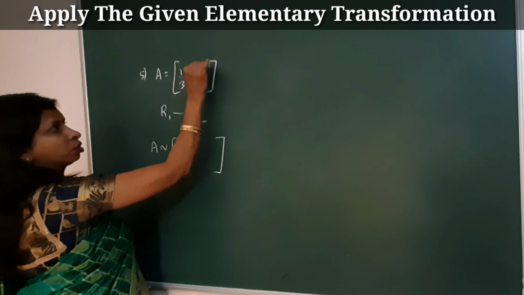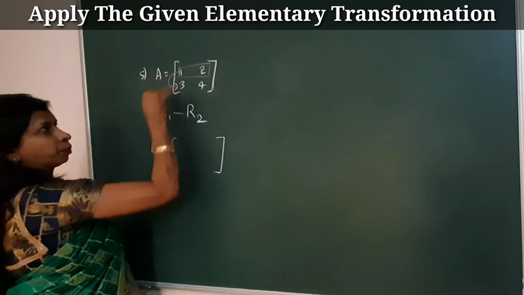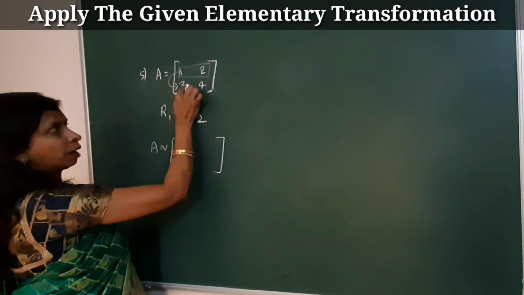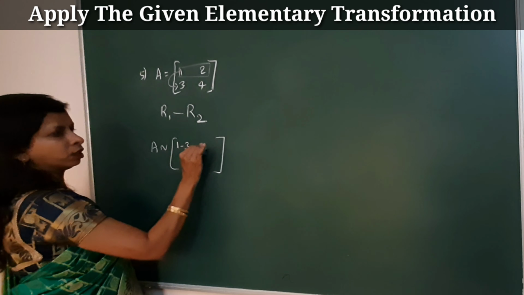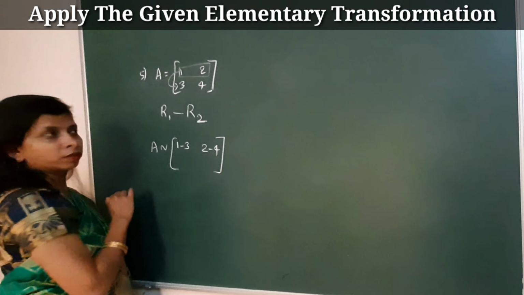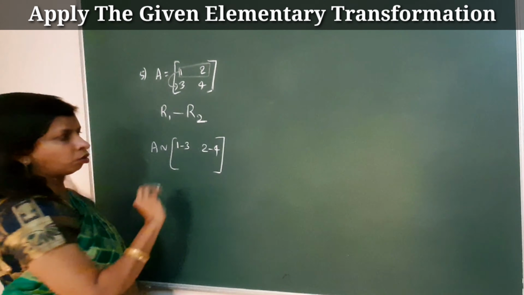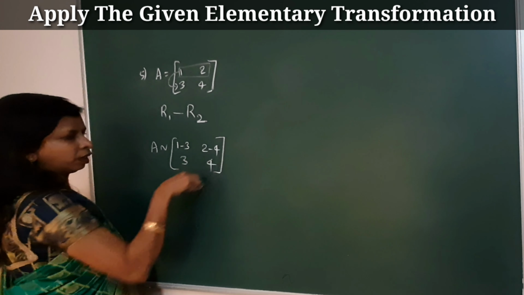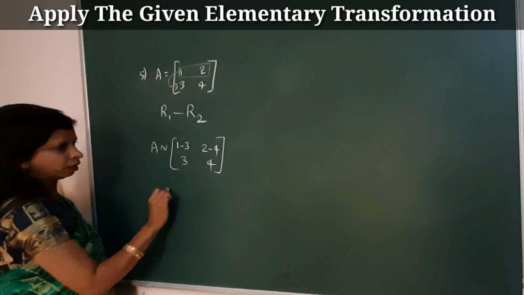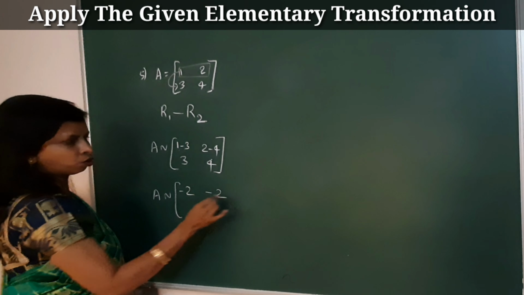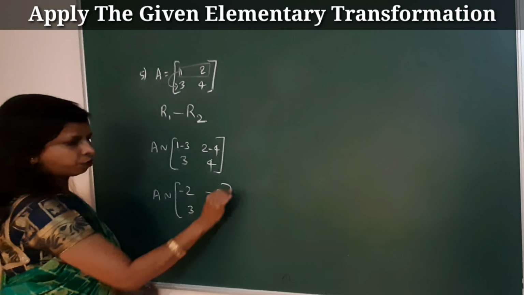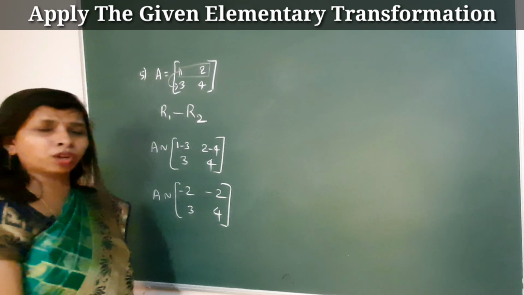Row 1 denotes these two numbers. You are going to subtract row 2: 1 minus 3, similarly 2 minus 4. What about the second row? That will remain unaffected, 3 and 4. So therefore, A is equivalent to 1 minus 3 = -2, 2 minus 4 = -2, 3 and 4. Let me solve with column.